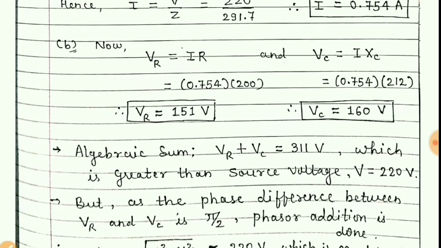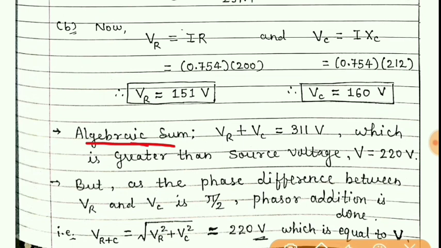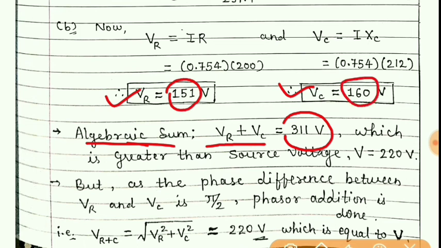Now students, the algebraic summation of these two quantities, that is VR plus VC, will give us 311 volt. That is 151 plus 160 will give you 311 volt, which is greater than the source voltage, means this is not possible. So why does it happen so?